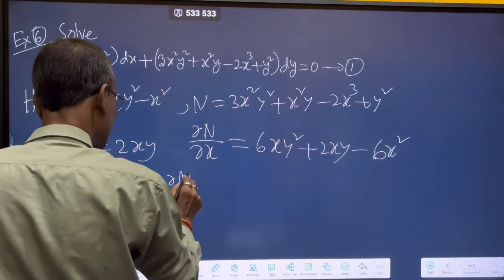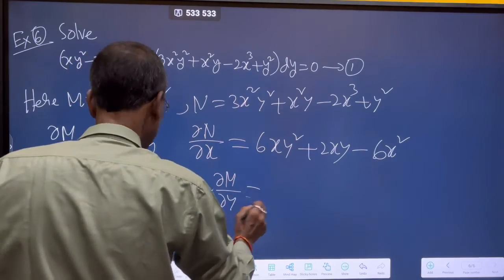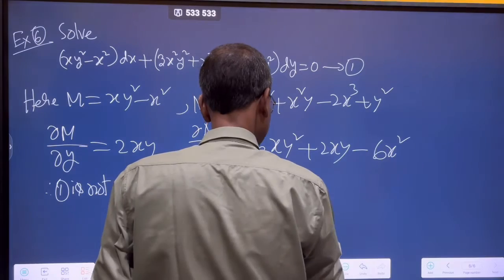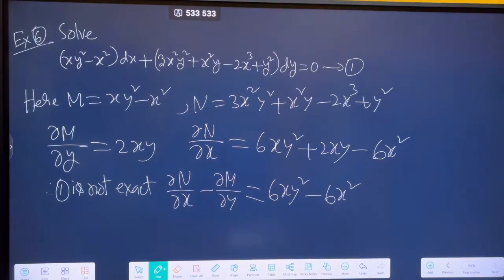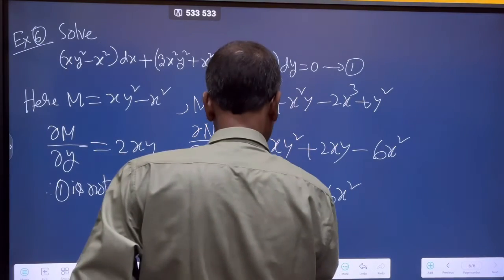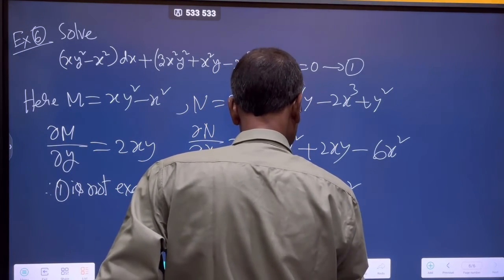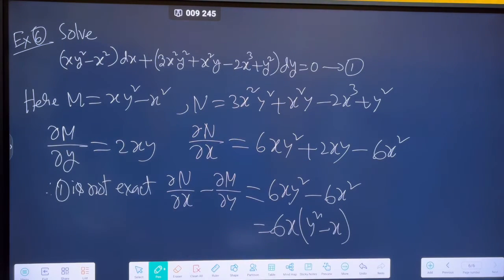Del N by del x minus del M by del y, twice xy will be cancelled. You will get 6x y square minus 6x square. Or take 6x common. You will get y square minus x.